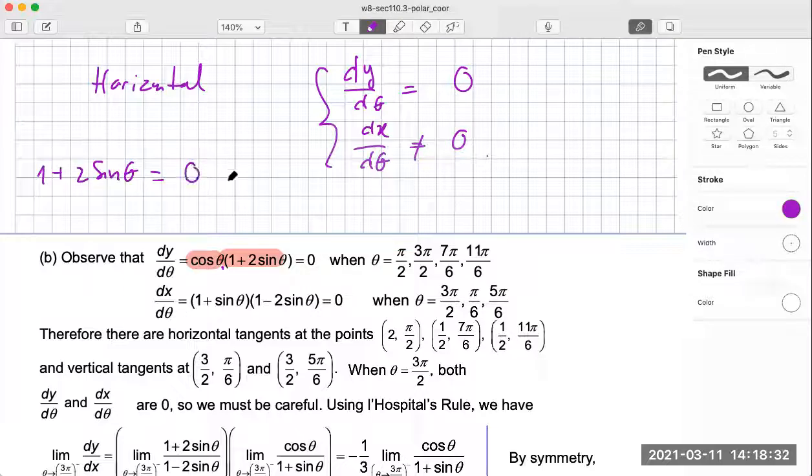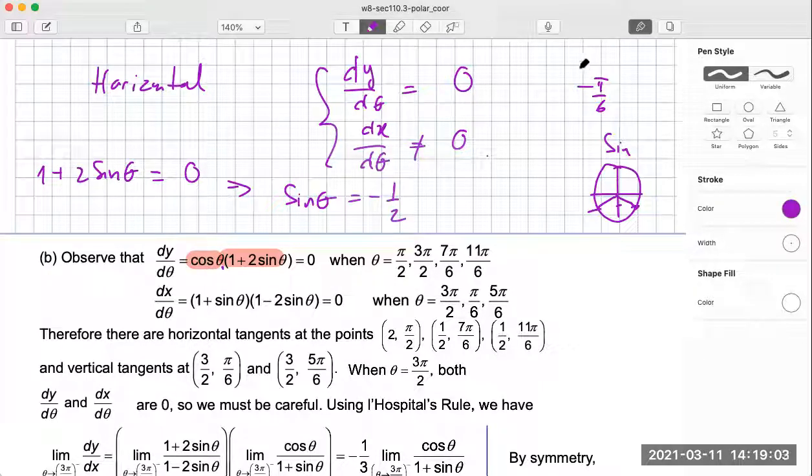If this is 0, then sine of theta should be -1/2, right? Sine axis is here, and -1/2 is here. Then you will find two angles, right? The first one is this, which is -pi/6, but let us pick the angle as positive.